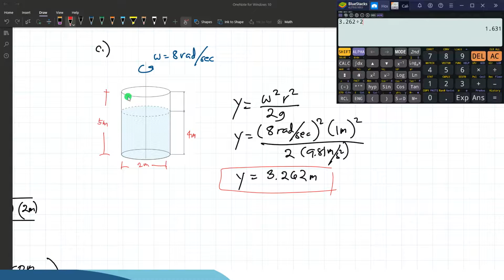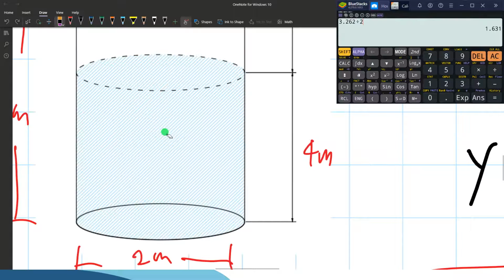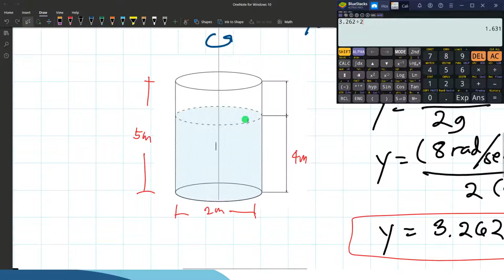So since we have y of 3.262, instead of attaining this vortex or liquid surface, some volume of water will be spilled. What we will do is that the liquid surface will just follow this value y, which is measured from the rim. So from the rim we measure 3.262 going down.